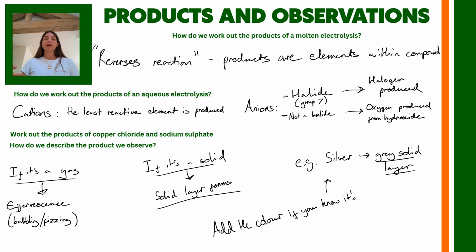So this time it's hydrogen that gets discharged here. And for my sulfate, well, my sulfate's a complex ion, it's not a halide, and therefore I get my oxygen gas being produced at my anode from the hydroxide.